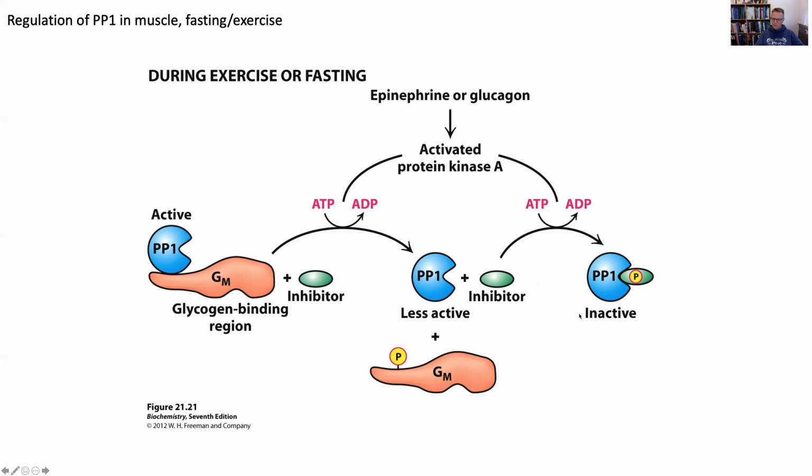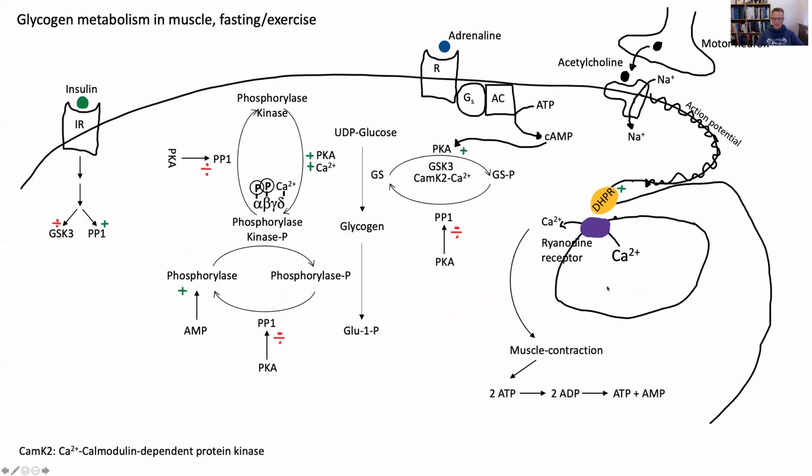So we completely inactivate protein phosphatase 1, which, as I said before, will lead to the phosphorylated form of glycogen synthase not being dephosphorylated and thereby activated.